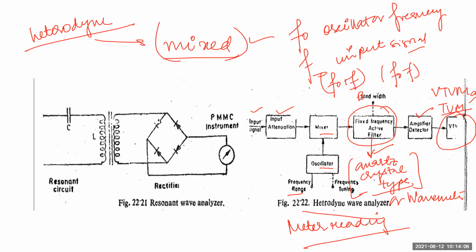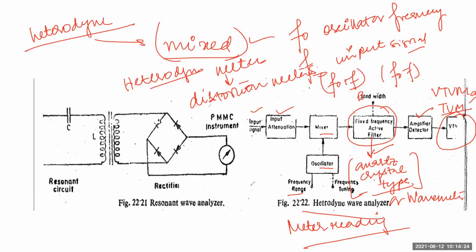Heterodyne wave meters may be used as distortion meters. Clear? Distortion meters compare the amplitude of the harmonics of the impressed voltage with the reference source, and the frequency of the harmonic is read off directly on the calibrated dial.